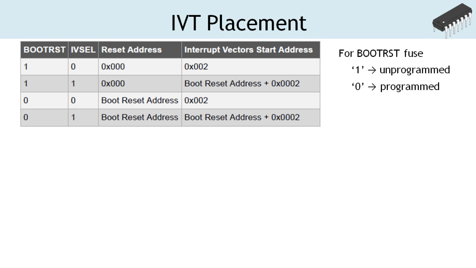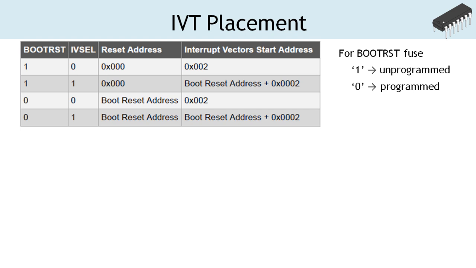If the boot reset fuse is programmed, that is the bit is written with 0, the microcontroller will jump to the bootloader address. If it is unprogrammed, that is written with the value 1, the microcontroller will jump to the start of the application section.